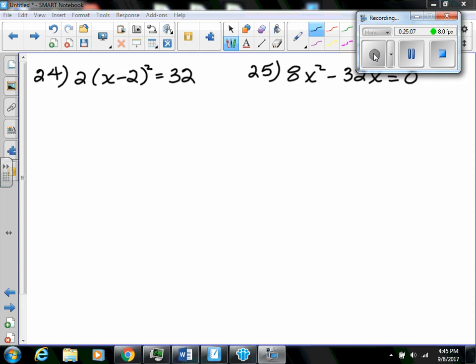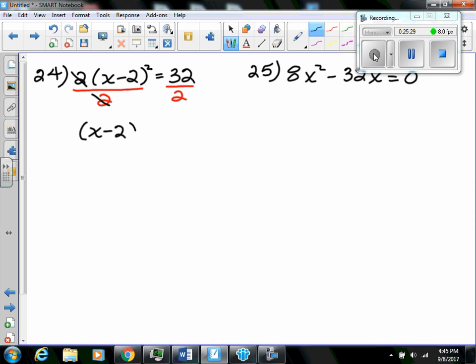So you're not going to multiply this 2. What I will suggest is getting the squared part by itself, and to do that, we're going to divide both sides of this equation by 2. So if I divide this side by 2 and this side by 2, the 2's will cancel out over here, and I have (x minus 2) squared is equal to 16.